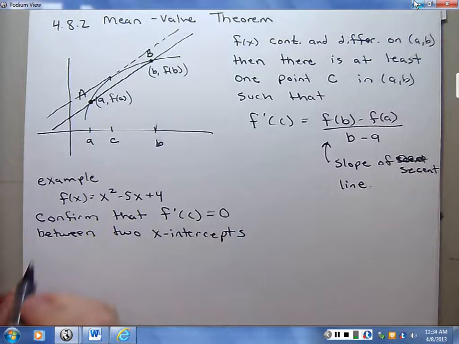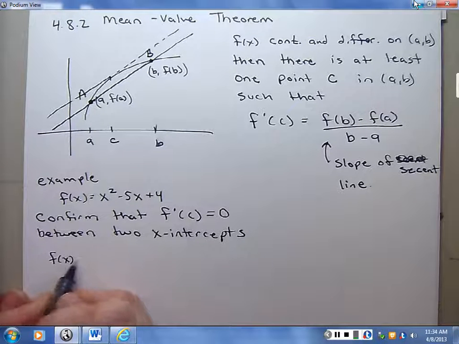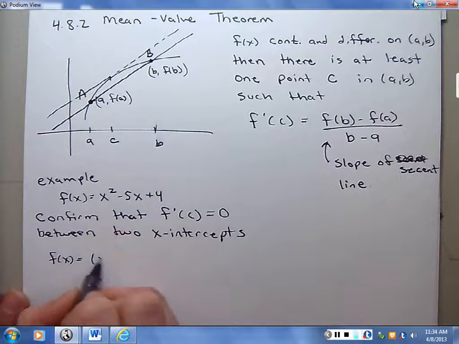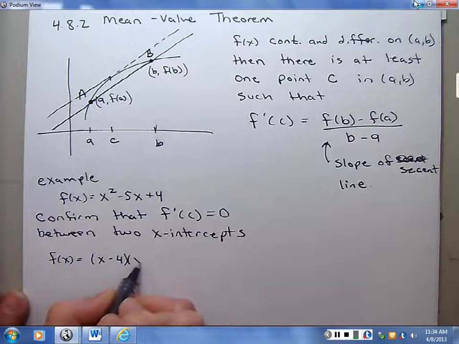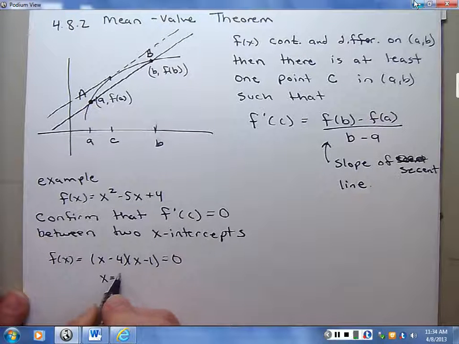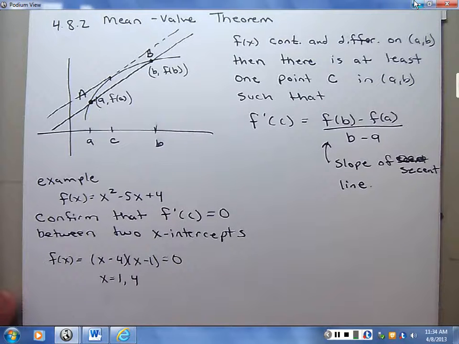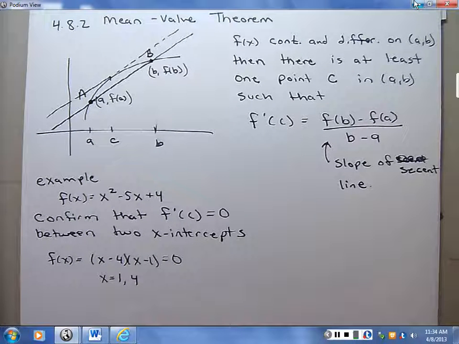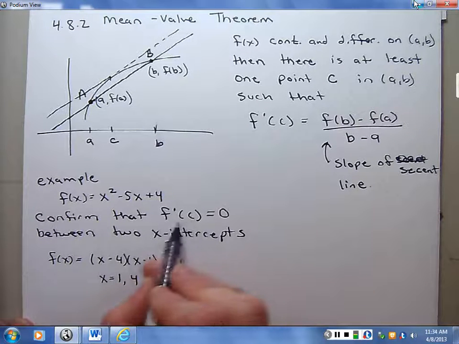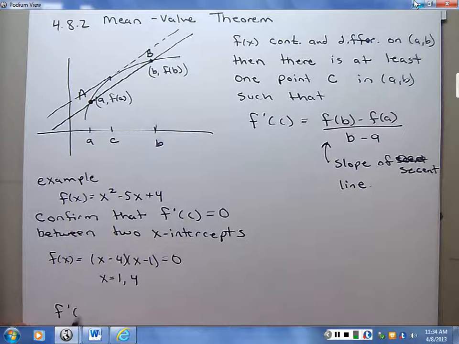So what are the x-intercepts? If I factor this, I have x minus 4, x minus 1 equals 0. So x equals 1 and 4 give me the x-intercepts. So on this interval, the derivative of the original function equals 0 at some point. Your book calls it C. So if I take the derivative of the function evaluated at C, that's going to be 2c minus 5.